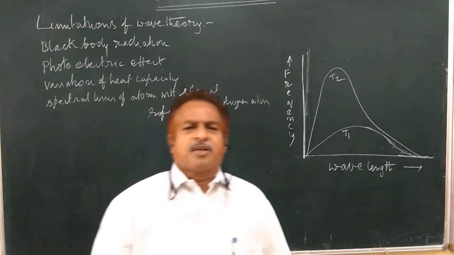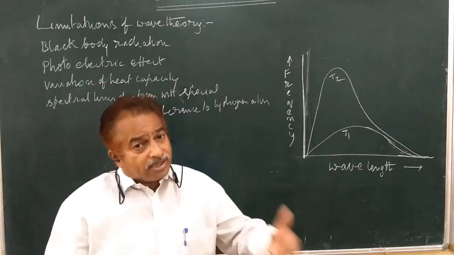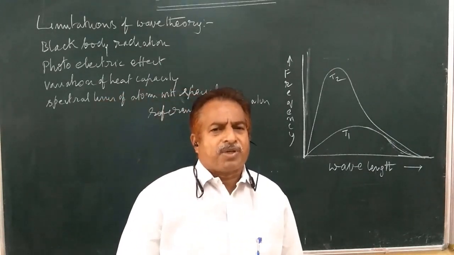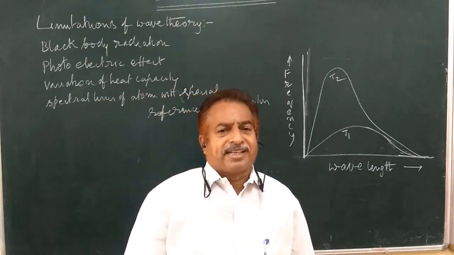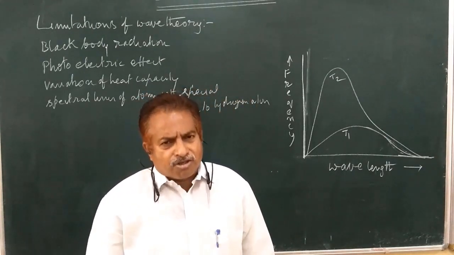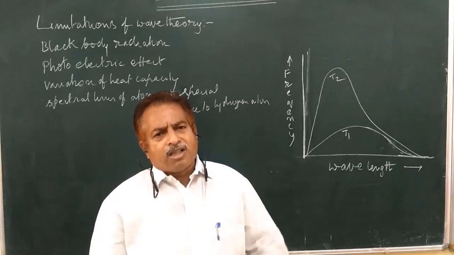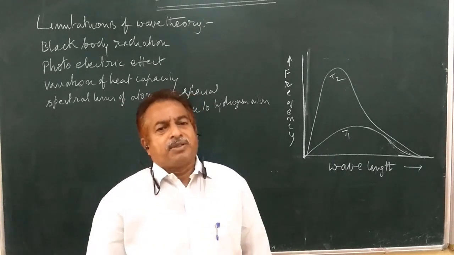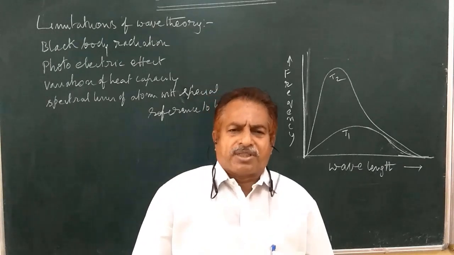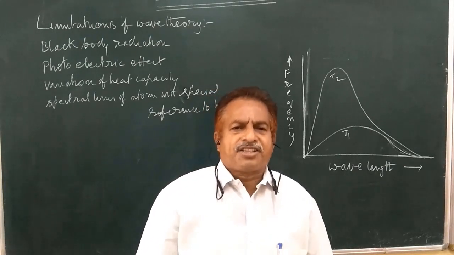Now let us see the black body radiation. What is a black body? A black body is a perfect absorber and a perfect radiator. Whatever radiation falls on the body, all that energy is absorbed by such a body, and it radiates all the energy it has.